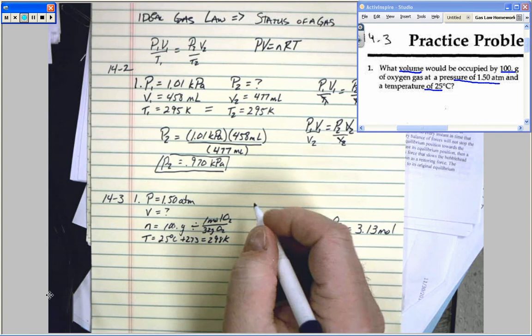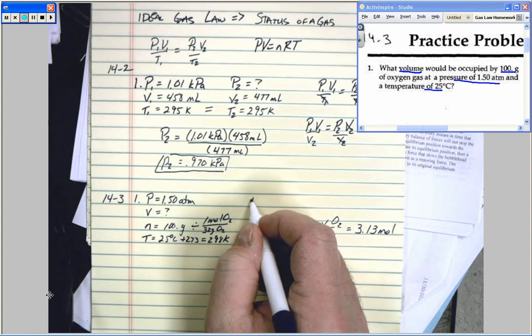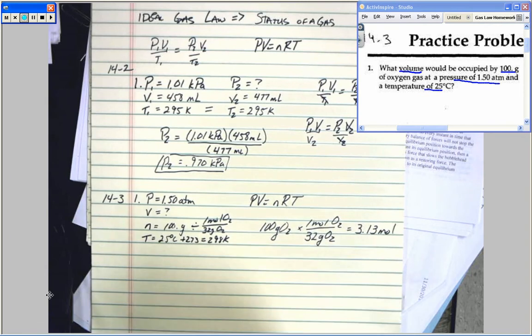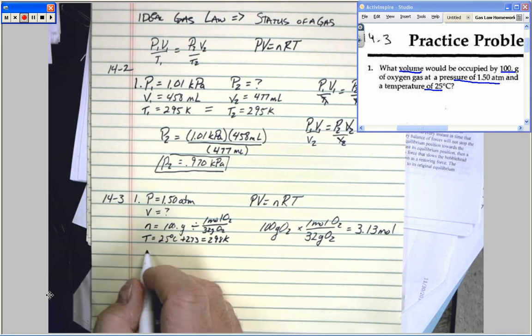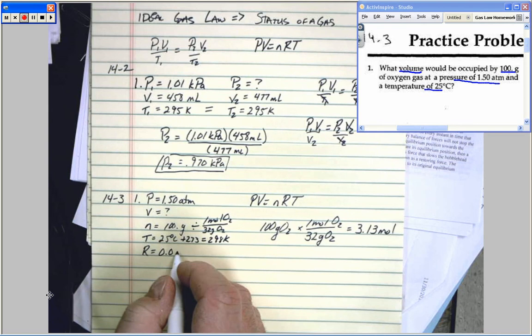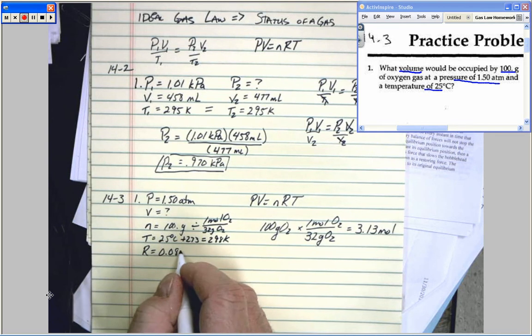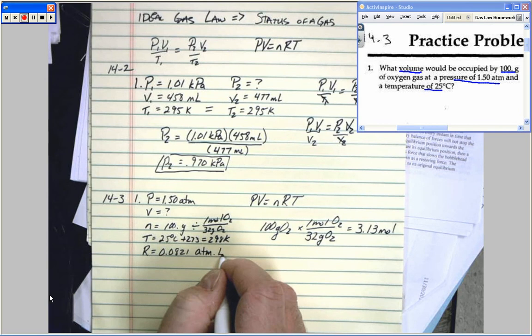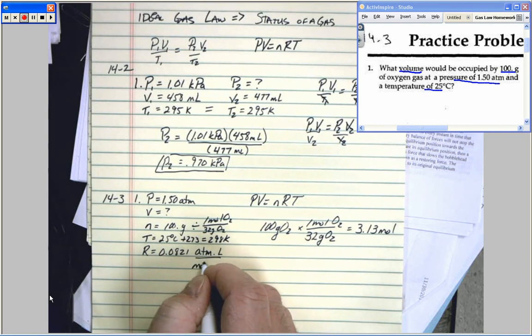The ideal gas law, one of these things is not like the other one. We don't have R. This is 0.08 something. Atmospheres, liters, mole, Kelvin.